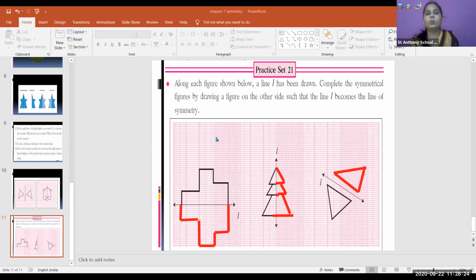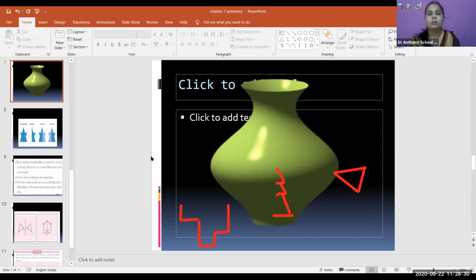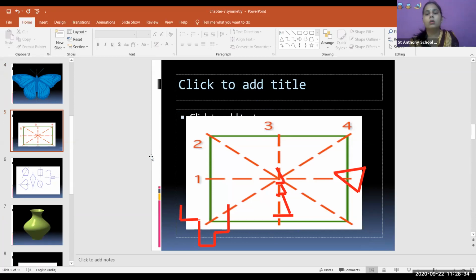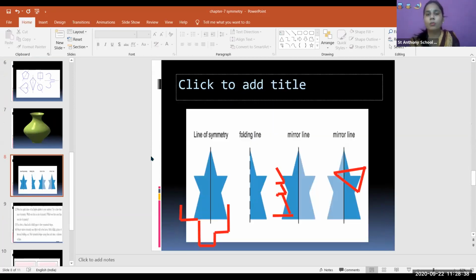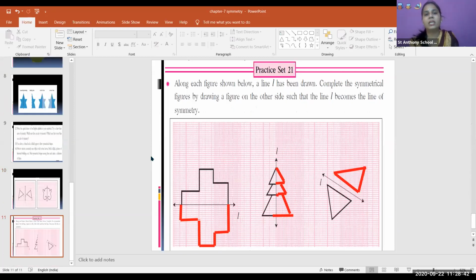Practice set 20 was there, where we have seen how many axes of symmetry we can draw. In practice set 20 we have seen how many axes of symmetry can be drawn from a single figure. And in practice set 21 we have seen how this line L becomes symmetrical, means reflectional symmetry we have seen.